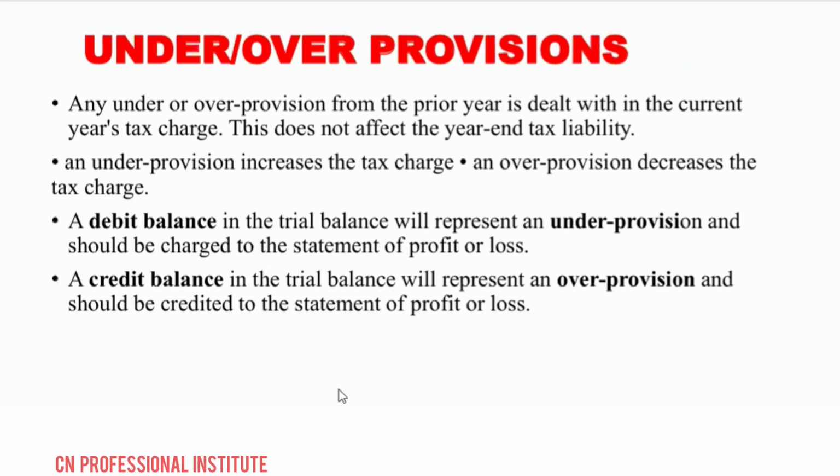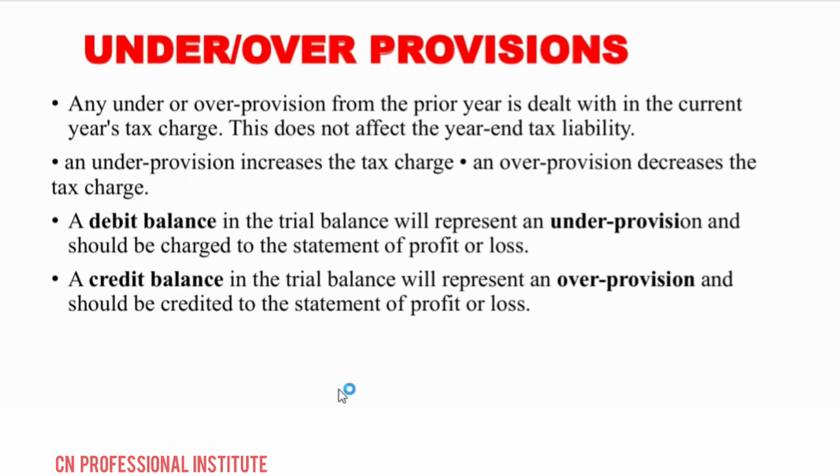Now let's say this year is 2025, right? And last year, 2024, an entity records 40,000. You made provision of 40,000 in your profit or loss account as your income tax expense.